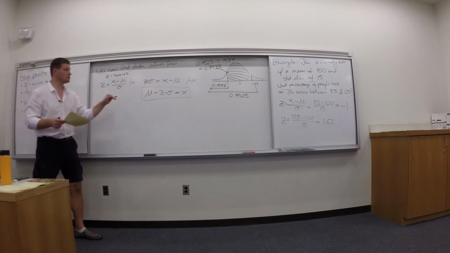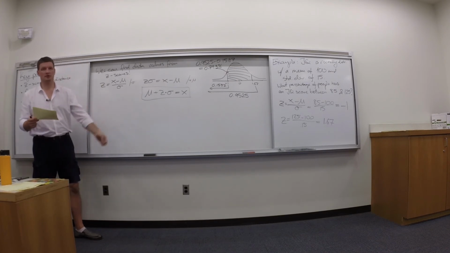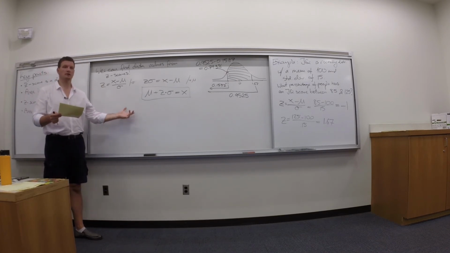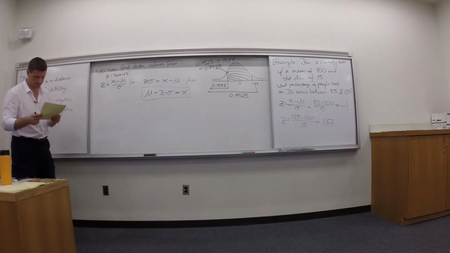And again, how do we do this? We draw a picture, we look up the z-score from the probability, and then we calculate the x.